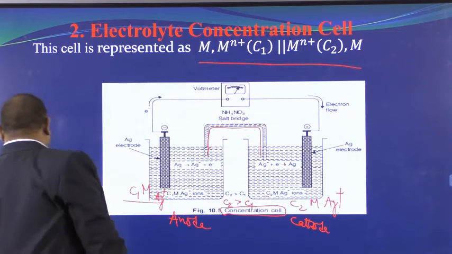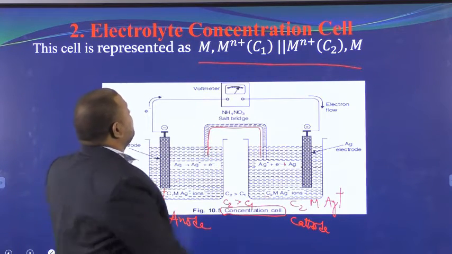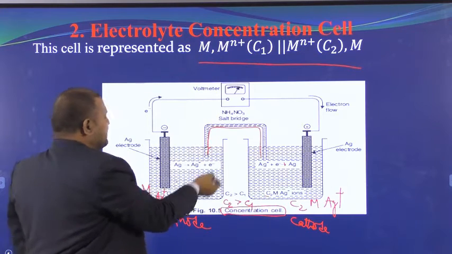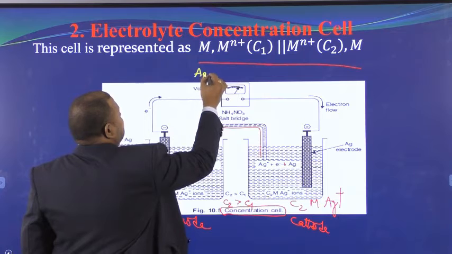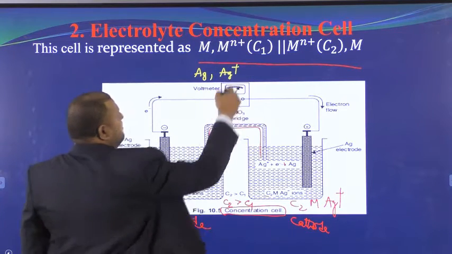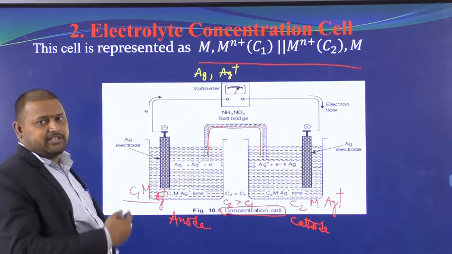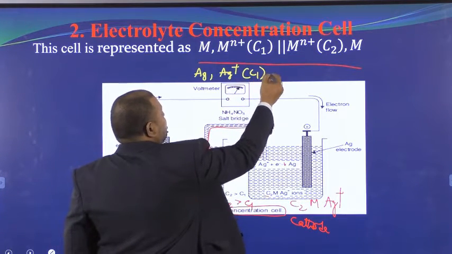So how can we represent this? M means metal. What is the metal here? Silver, Ag. It will change to Ag plus. What is the concentration? C1 concentration.